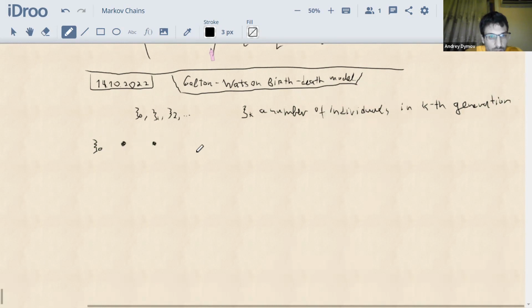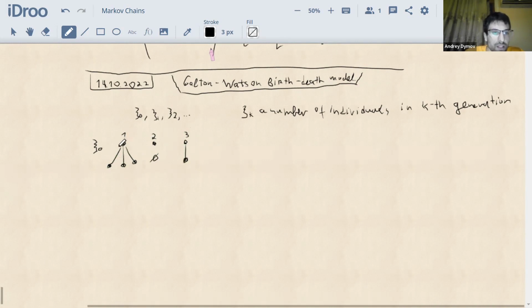So let me draw a picture. For example, xi0 almost surely equals 3. Okay, just for an example. Then each individual gives birth to a random number of descendants. This is the first, this is the second, this is the third. This one gives birth to, for example, 3 individuals. This one gives birth to 0 individuals, and this one gives birth to 1 individual.